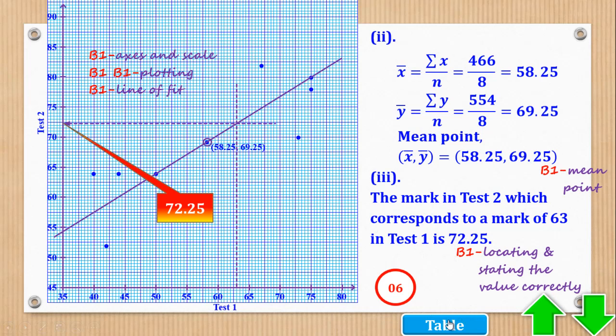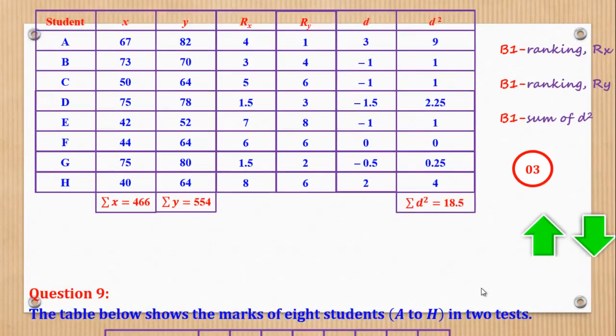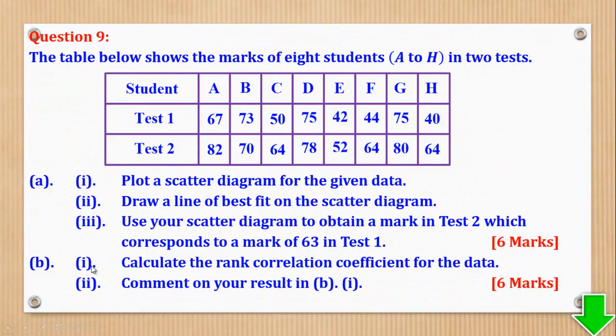That was part A. What about part B? Part B: calculate the rank correlation coefficient for the data and comment on your result.